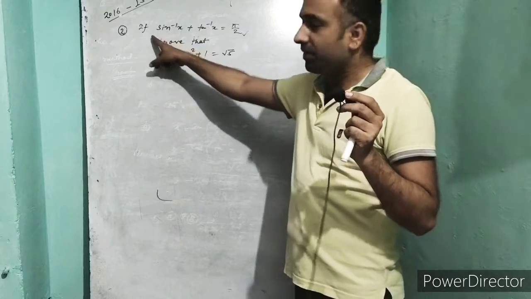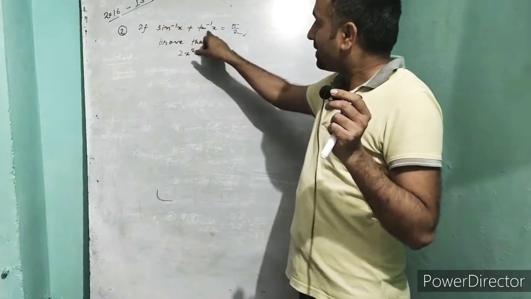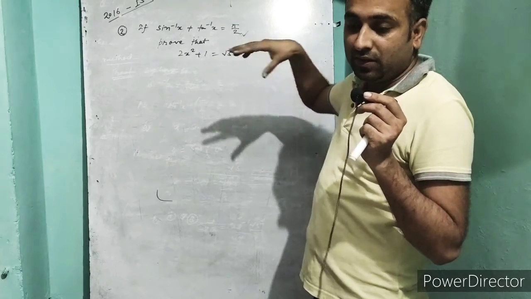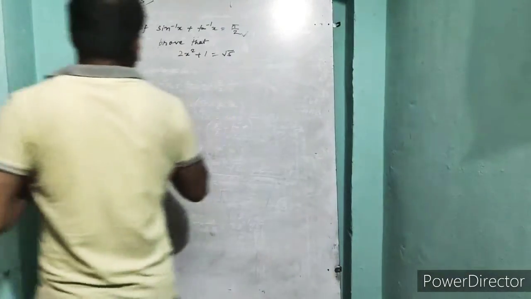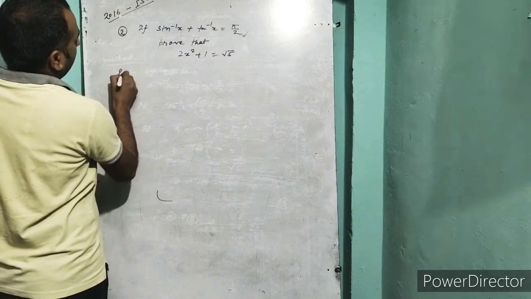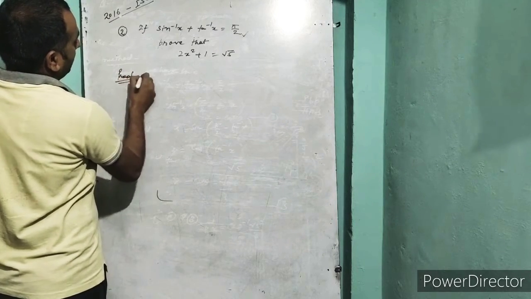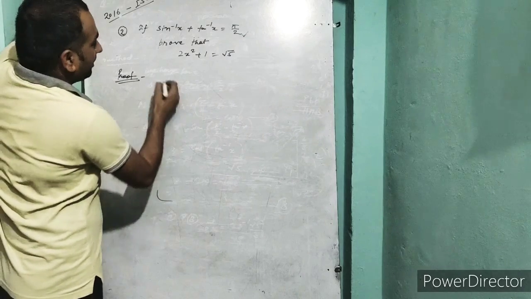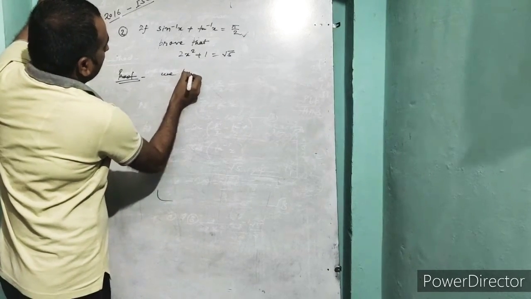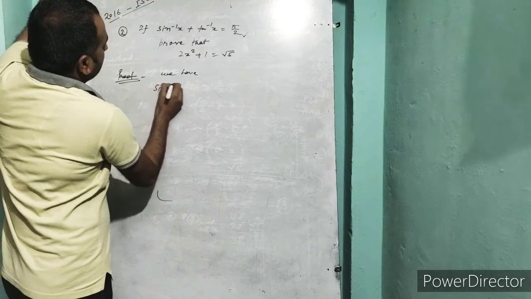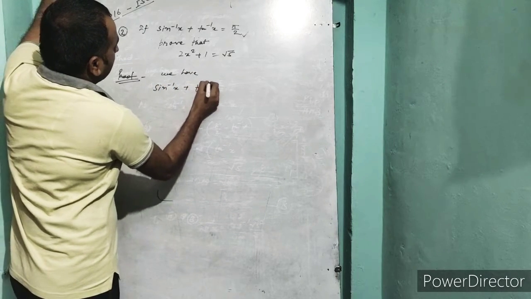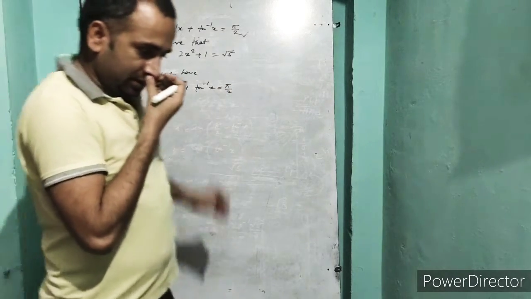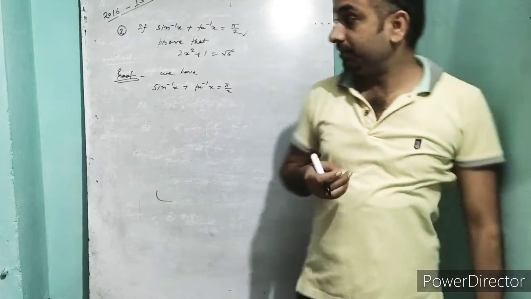What we have is sine inverse x plus tan inverse x is equal to pi by 2. Now we will start the proof.